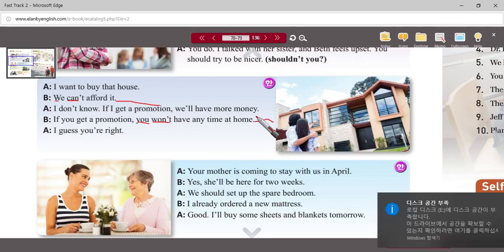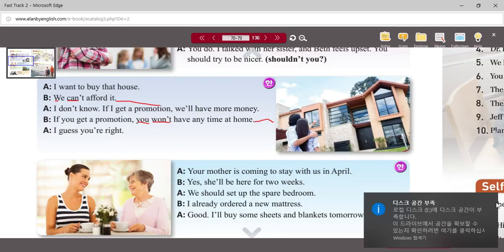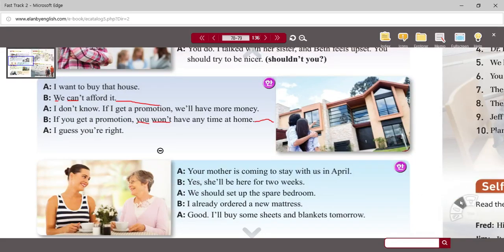The positive form of won't, will. Subject is the same. You won't have any time at home, will you? If you want to include another one here, I guess that's fine. If I get a promotion, we'll have more money, won't we?